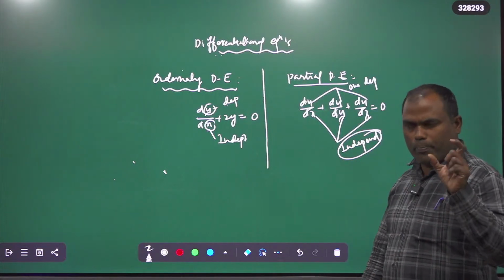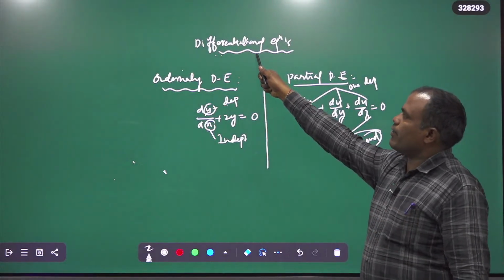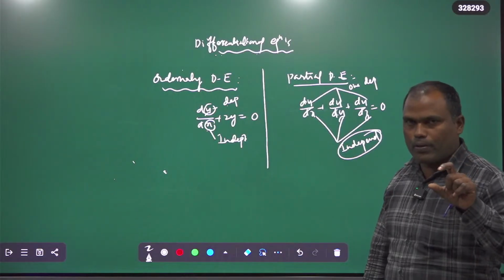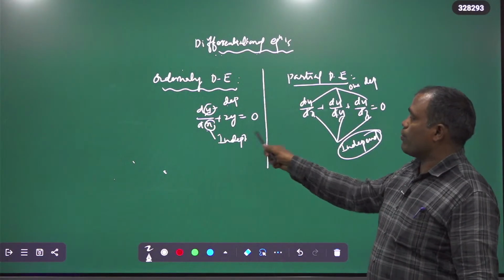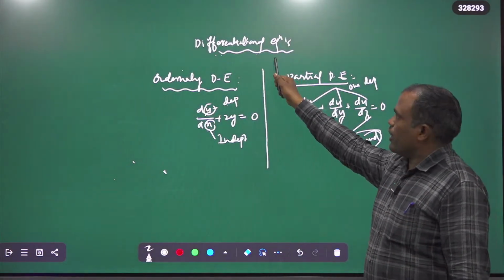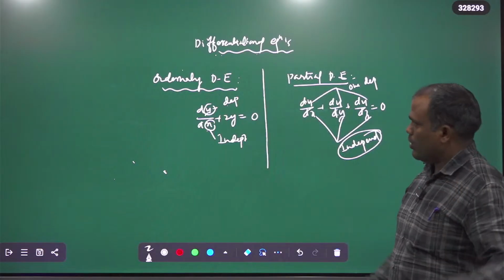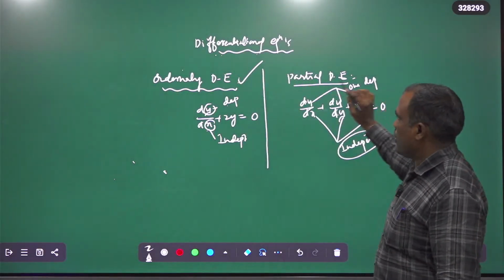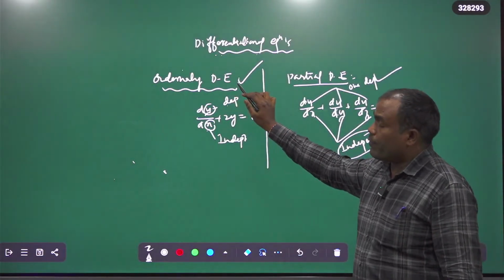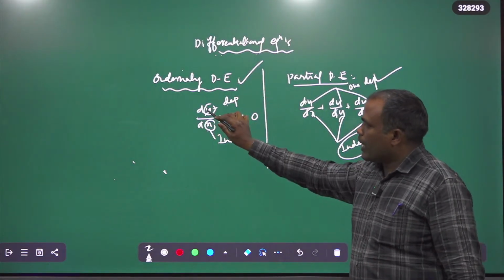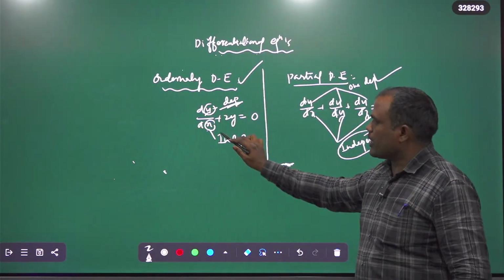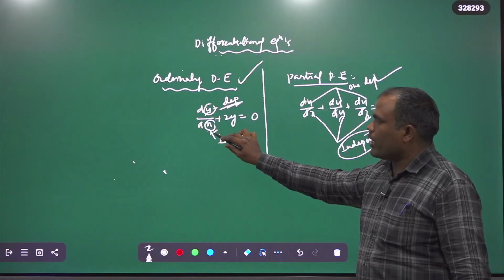So, mainly, a differential equation is an equation involving one dependent variable and its derivatives with respect to one or more independent variables. Differential equations are mainly of two types: ordinary and partial. An ordinary differential equation has only one independent variable.